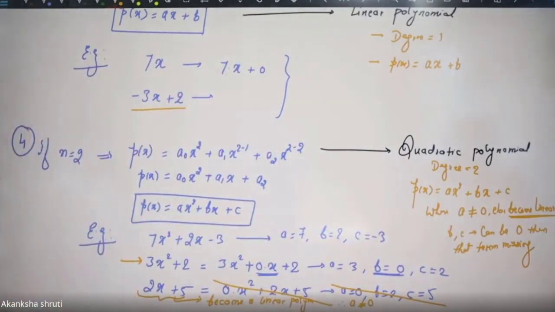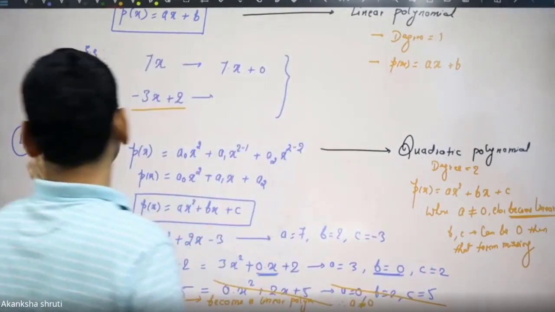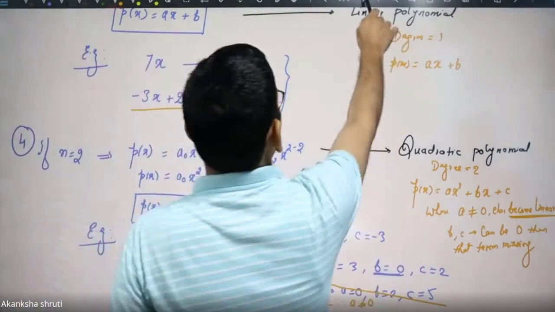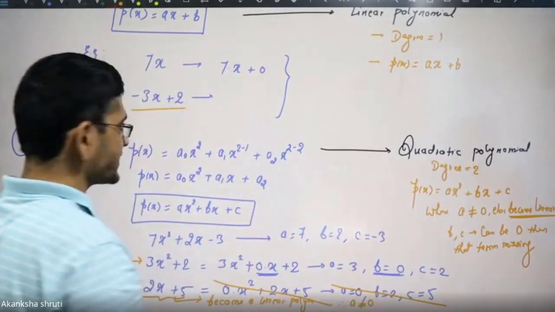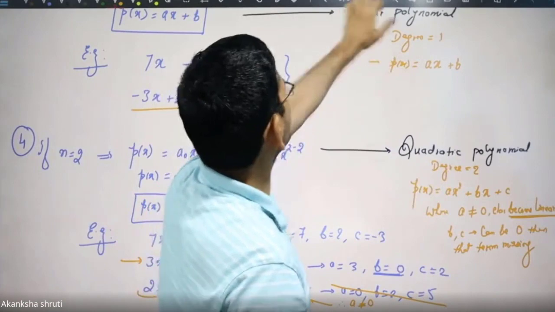If we choose A equal to 0, then it becomes a linear polynomial. A linear polynomial is separately defined. So this is the fourth thing that we have to keep in mind. And we have to focus on this fourth kind of polynomial exclusively in our chapter, but a bit more we have to touch, as some more things are in your syllabus.